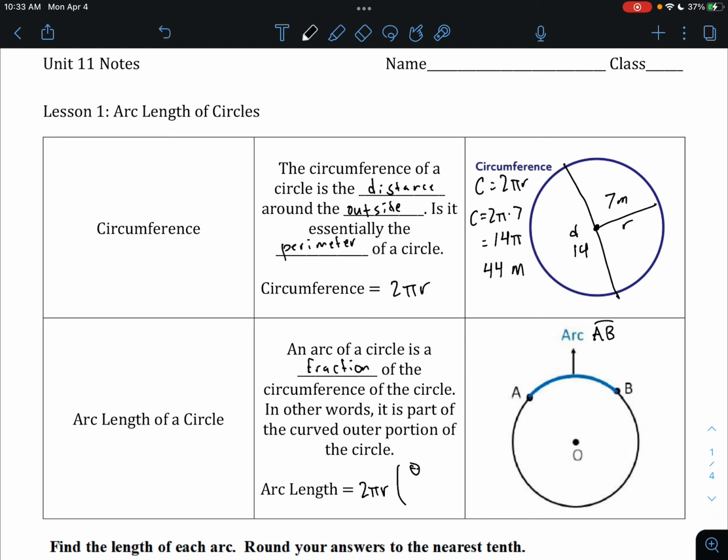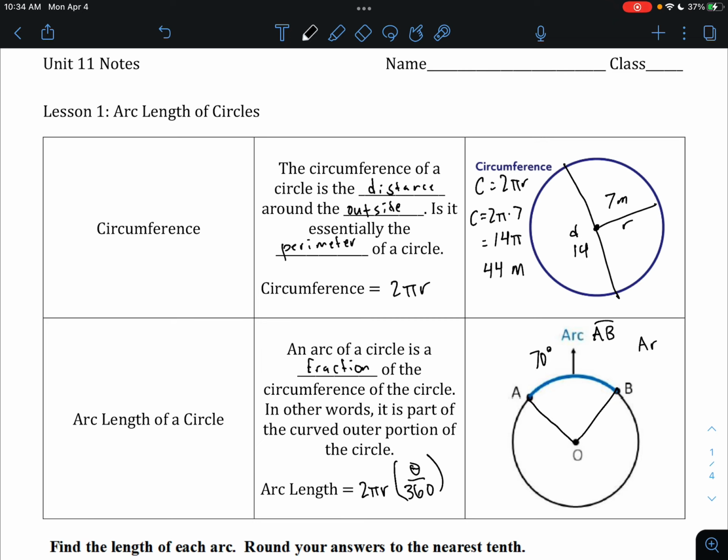So theta, remember our theta from last unit, over 360. Theta over 360. So if they tell us our angle is 70 degrees, that basically says that this piece of the circle is 70 degrees. This arc is 70 out of 360, which gives us our fraction.